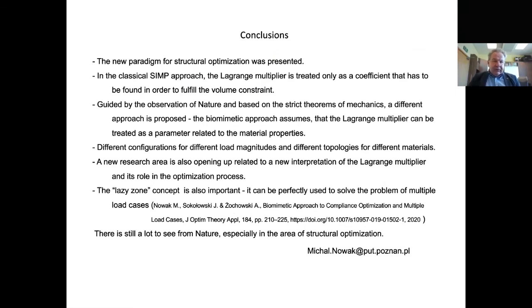What is important here is that there are two biomimetic points. First of all, this is the Lagrange multiplier, which is one value for the material. I don't know exactly how the value should be assumed, but it must be like this, because this is just observed in the case of bone.